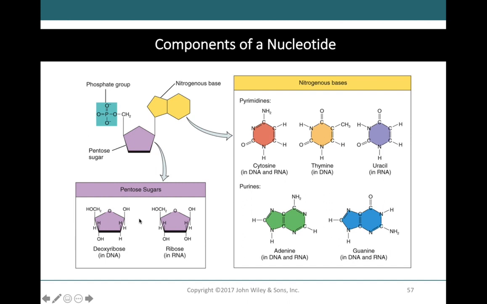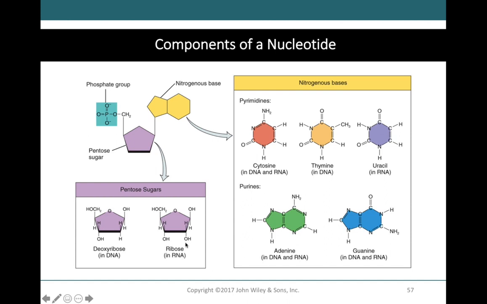I'll let you reference that on your own, but that is there for you if you'd like to go back and double check that these are the same molecules. Our pentose sugar is going to be one of these two types that's found making up this pentose sugar group. So in DNA, we'll have deoxyribose, and in RNA, we're going to have ribose.